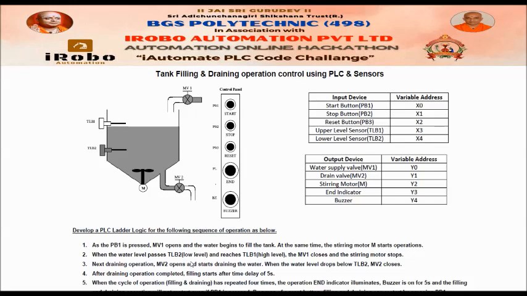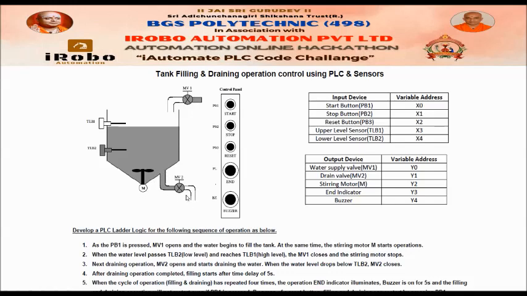When the water level passes TLB2, the low level sensor, and reaches TLB1, the high level sensor turns on, meaning filling is completed, MV1 closes and the stirring motor stops. Next, immediately MV2 will open and start draining the water.